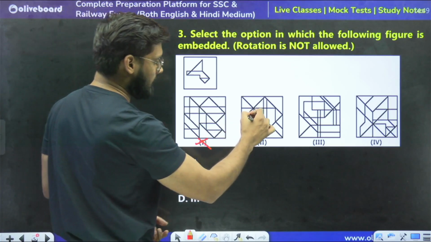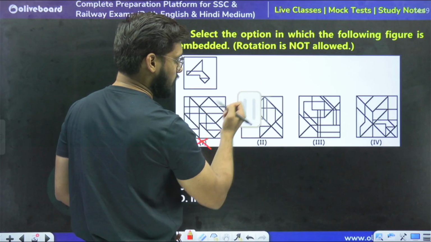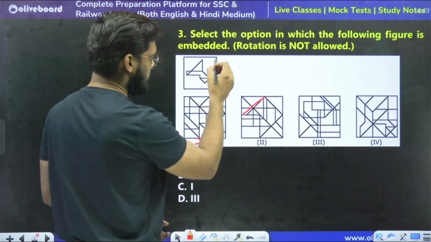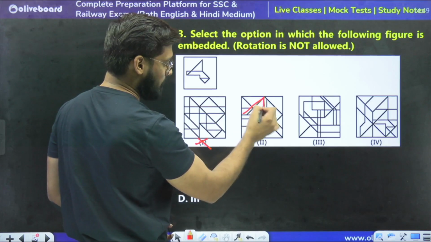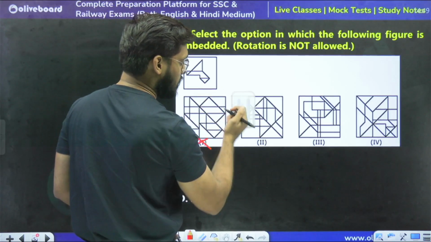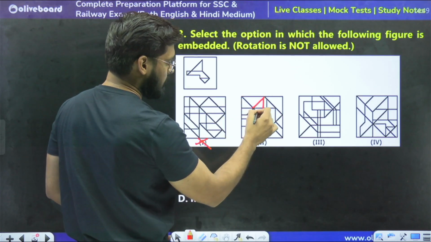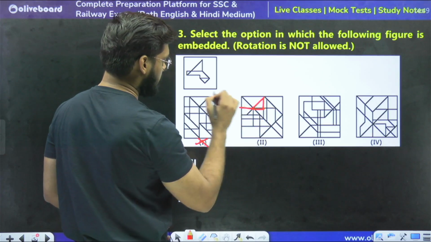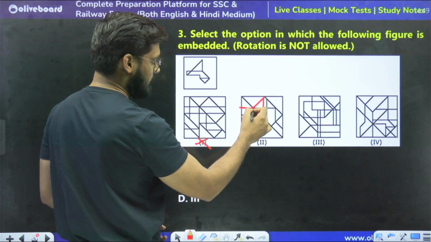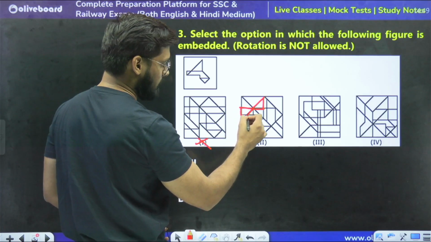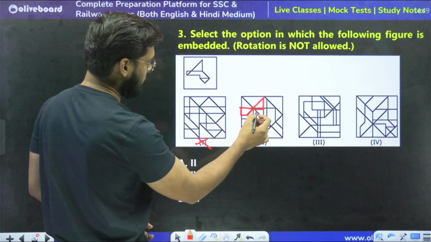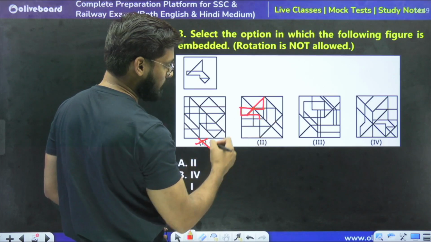In this figure, we can see this hypotenuse like this. Then we need one perpendicular like this. Then let's see it again like this. Then this. Okay. Then we need to go like this, then this one, then this one like this. Then we need to come downwards.